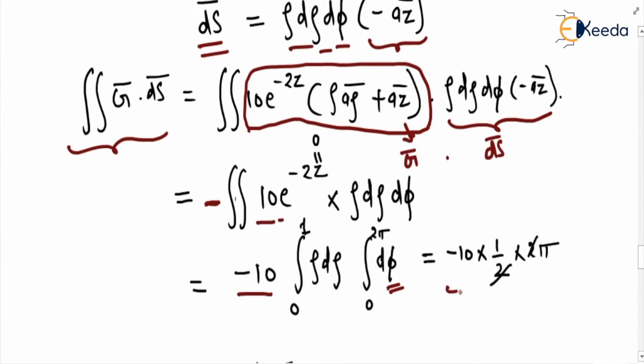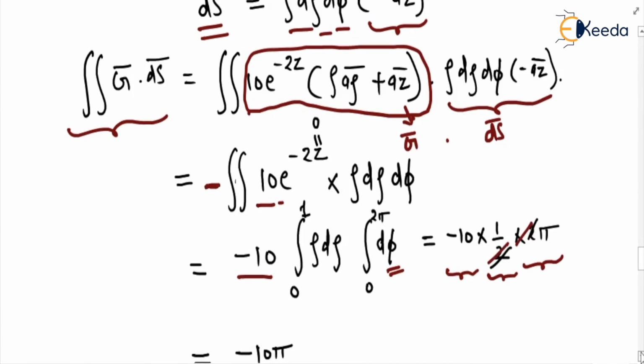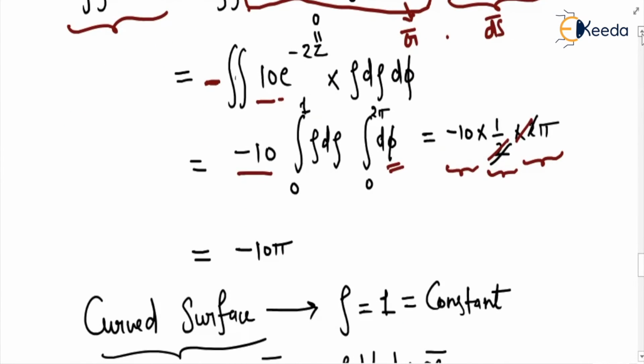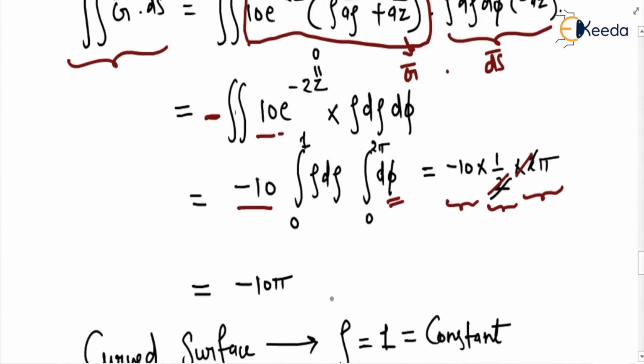So here the answer is minus 10 into rho, the integration of rho is rho square by 2, and when we put the limit it will be 1 by 2, into the integration of d phi, which is phi, with the limit from 0 to 2 pi, so this answer is 2 pi, and then 2 and 2 will cancel, and the answer is minus of 10 pi. So for the bottom surface the answer is minus 10 pi. This answer is for the bottom surface.